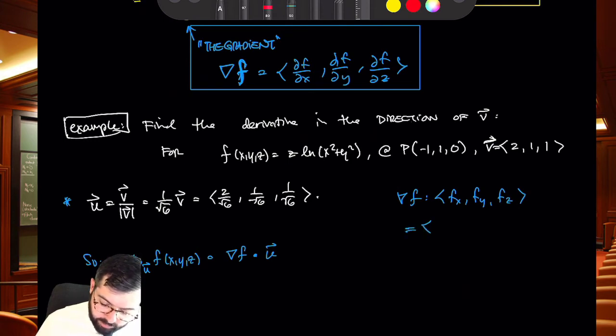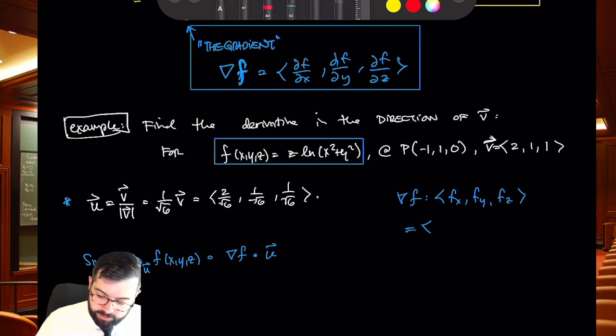We'll look at our function here and take the derivative with respect to x. Well, we've got an ln and a chain rule. z and y are constant. So this is what? 2xz over x squared plus y squared.